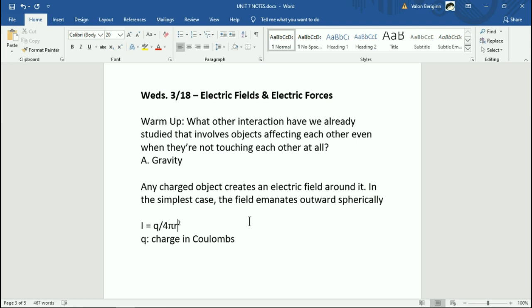And then there's the idea that it's spreading out as a sphere. That still is true. Just like with wave intensity, the electric field spreads out like a sphere. So you think, okay, 4 pi r squared, so it's kind of the same thing. It is very similar, except we do something a little bit different. The r squared is still the same, but 4 pi is just a constant. 4 pi is 4 pi; it's not going to change depending on anything else.